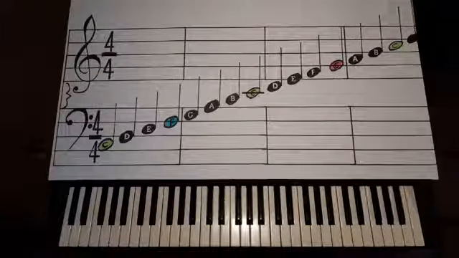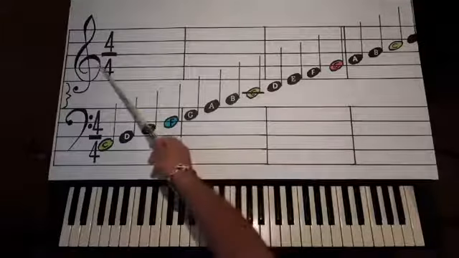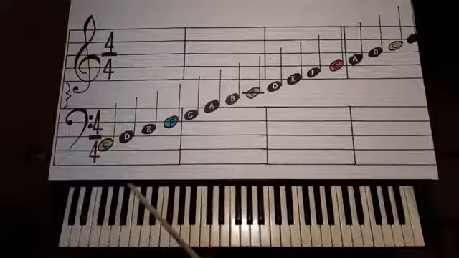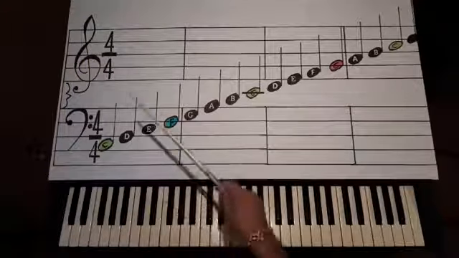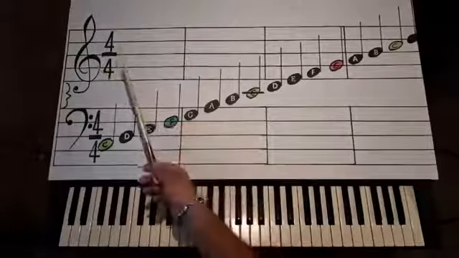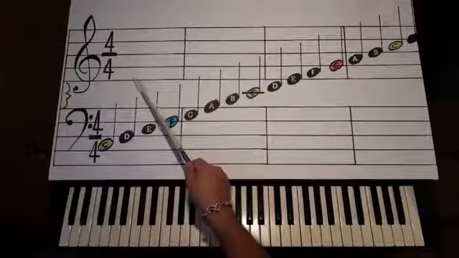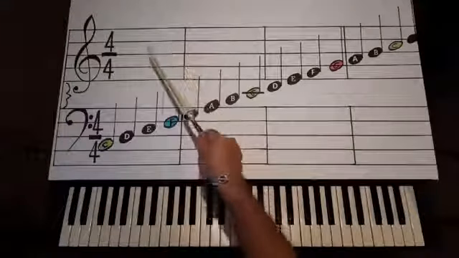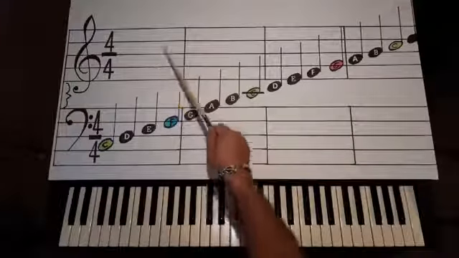I don't want to get too much into explaining this, but I just want to do a brief explanation. There are 5 lines, and they all have a note on the line, and they all have a note in between the lines.